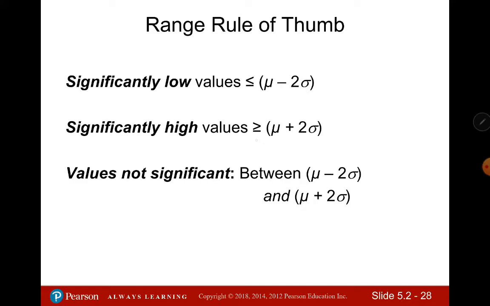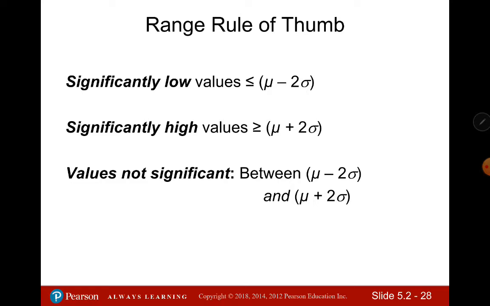The range rule is just the same, but this time we use the special formula to get mu and sigma. Of course, most of the values are not significant. About 95% of the values between mu minus 2 sigma and mu plus 2 sigma are not significant.